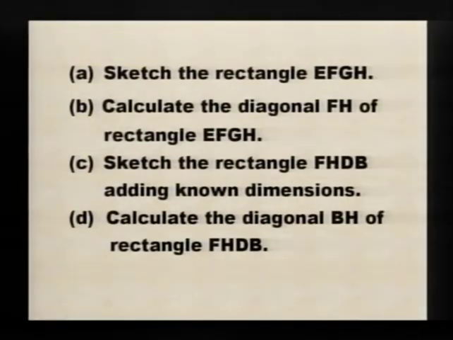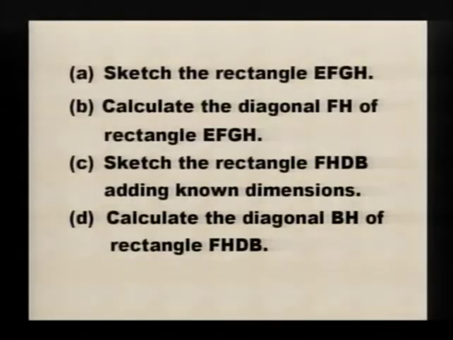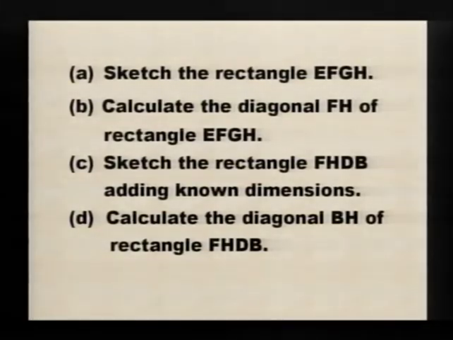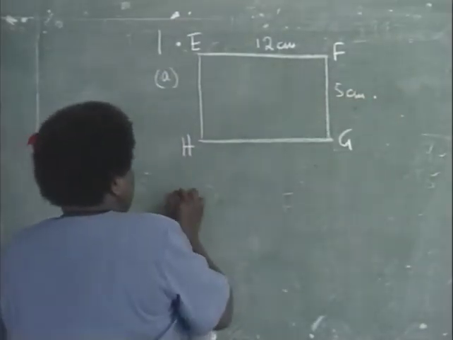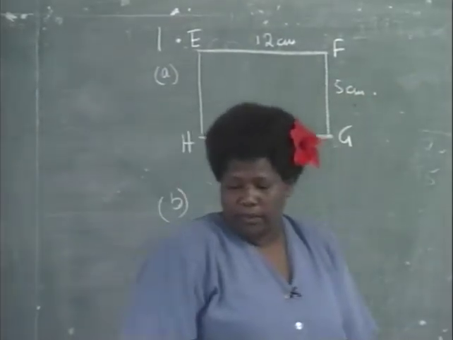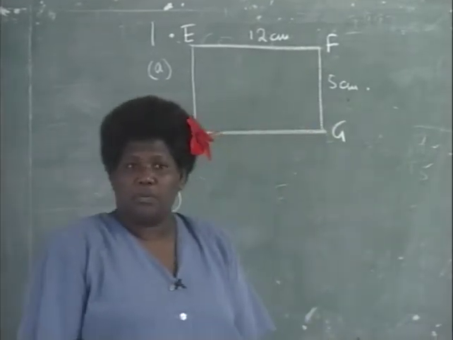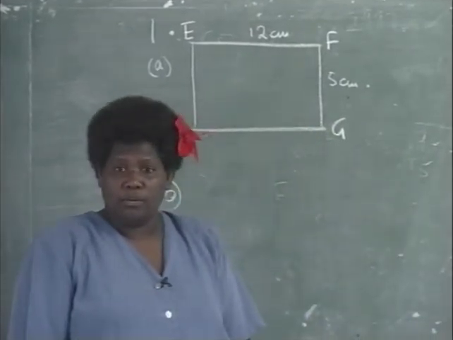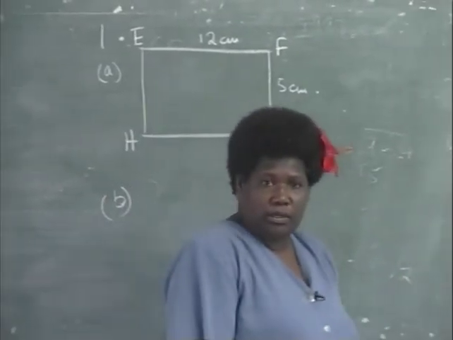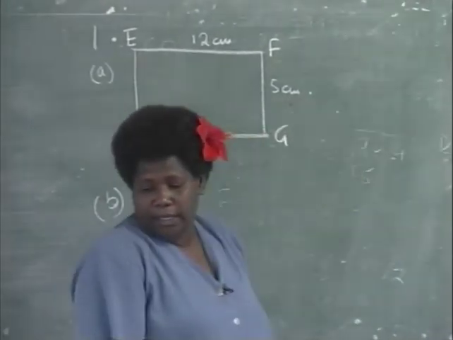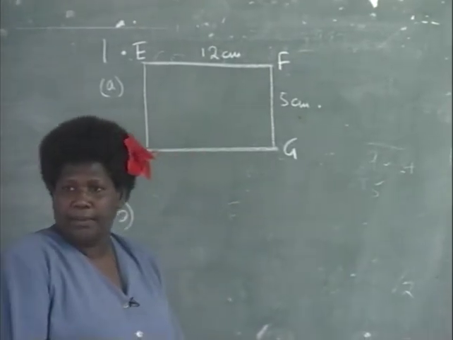Okay, letter A of question 1 says sketch the rectangle EFGH. EF is 12 centimeters and GH is 5 centimeters. You will notice in question 1, it actually gives you the steps you have to follow to do the other questions that will come later on, because you will not be asked to do this step by step.